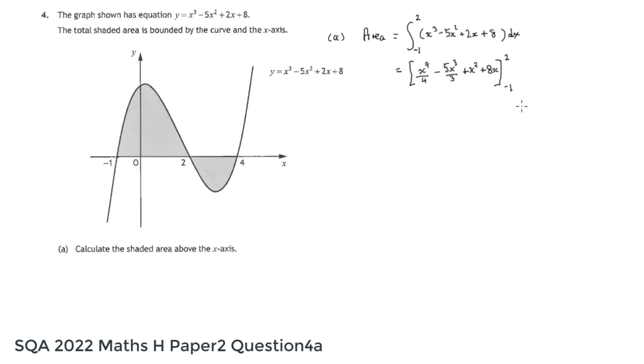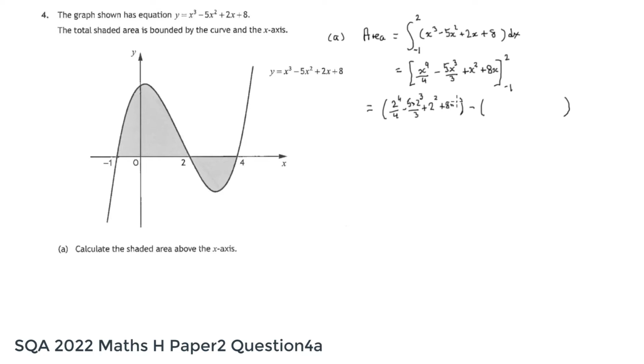So there's the expression that we're about to plug in values, and in the first bracket we'll plug in the value x equals 2. In the second bracket we'll plug in the value -1. So let's go ahead and just do that substitution. So we'll get 2 to the 4 divided by 4 minus 5 times 2 cubed divided by 3 plus 2 squared plus 8 times 2.